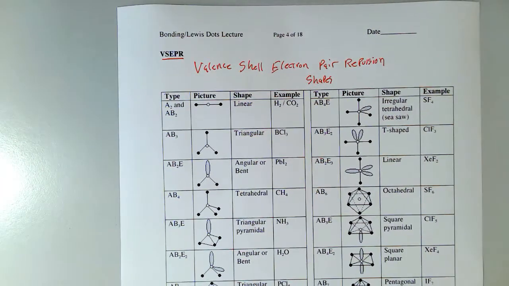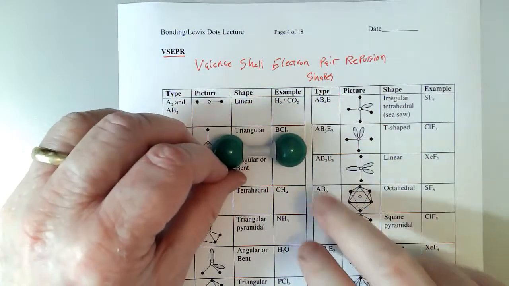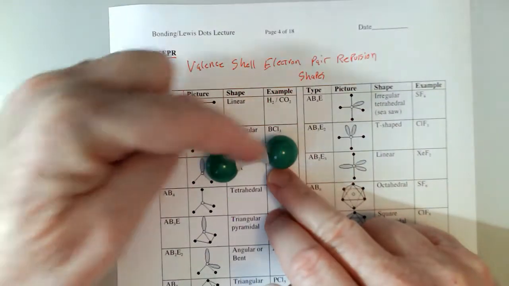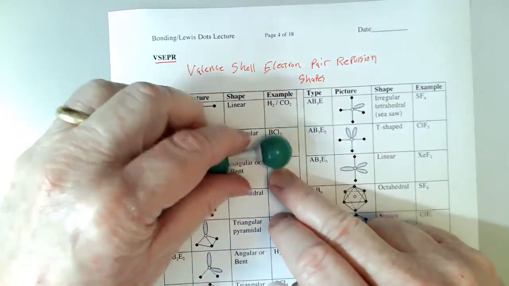Now, the two simplest types of molecules that I can address are ones that are diatomic, like this one right here. Two atoms. The only thing you can do geometrically is put them in a straight line.